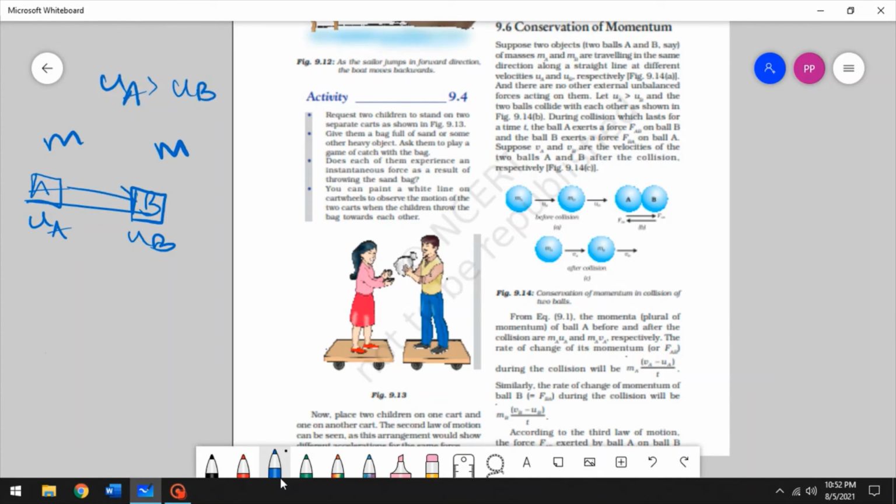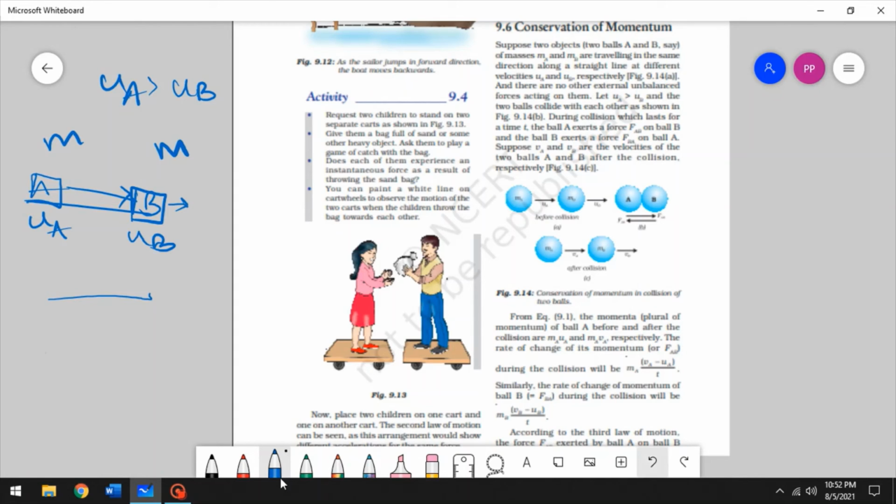Since they're moving in the same direction, B is not moving fast enough for A to move past, right? So A and B will collide with each other, and during the collision, they stop momentarily.